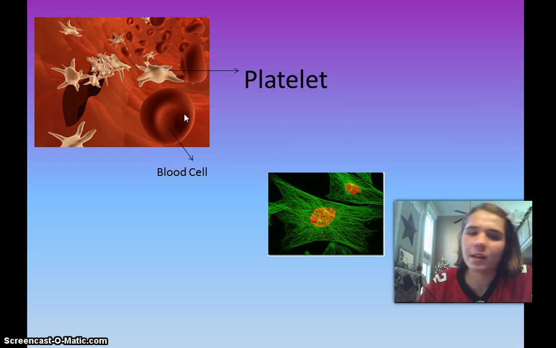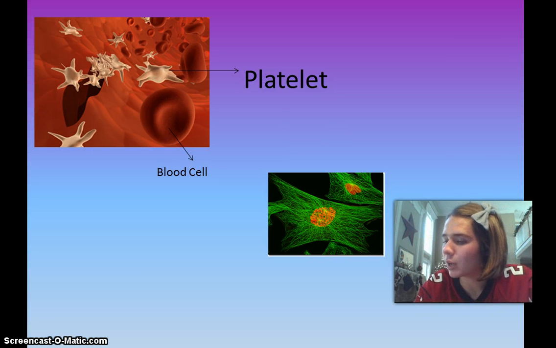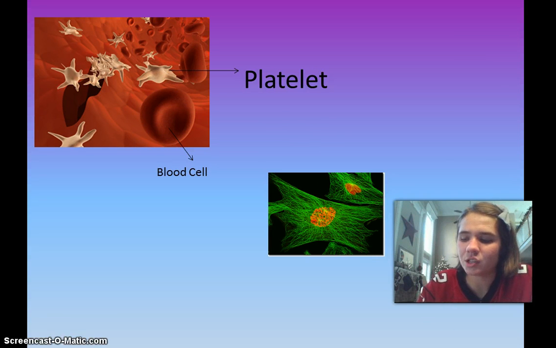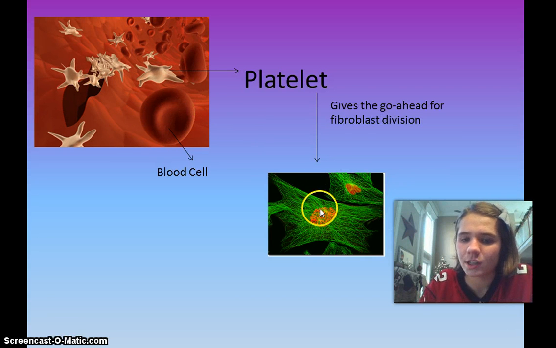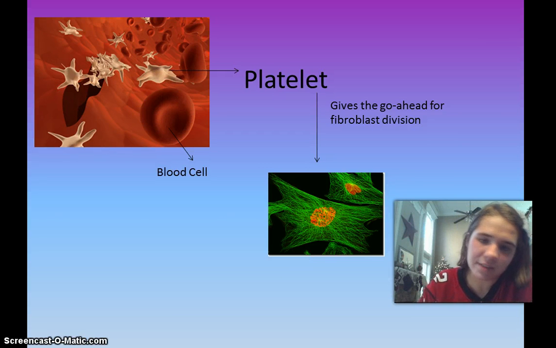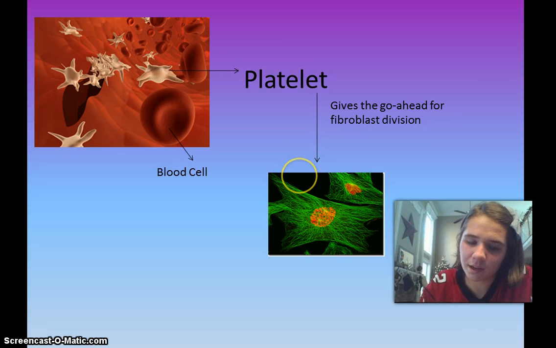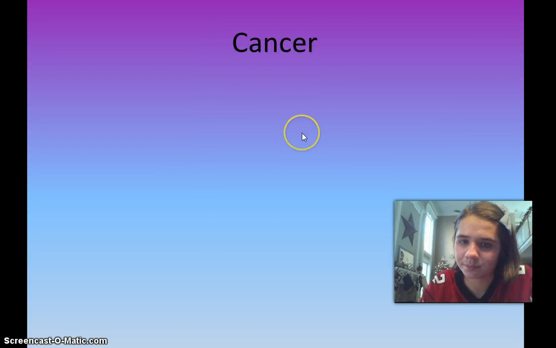But when an area of your body is injured, the platelets release what's called a platelet-derived growth factor, or a PDGF, and this signals fibroblasts to go ahead for division. A fibroblast is a connective tissue cell. And when the fibroblasts divide, this helps to repair the area that's been injured because there's more cartilage there.